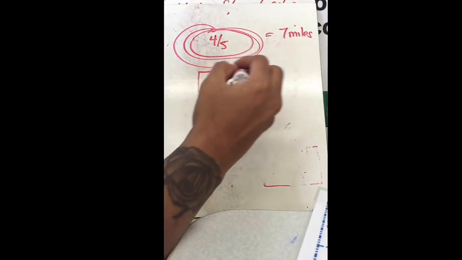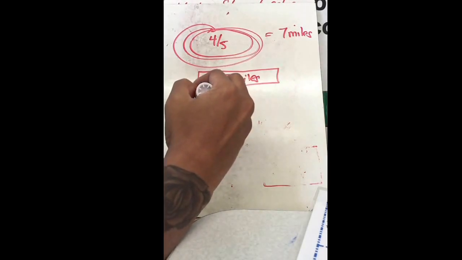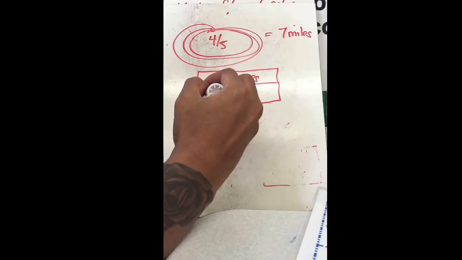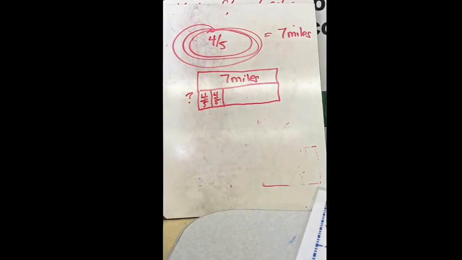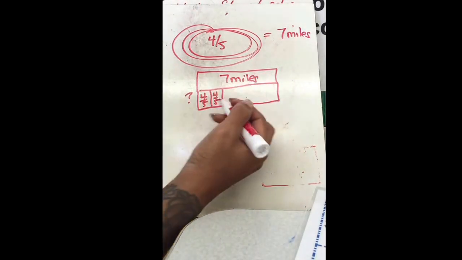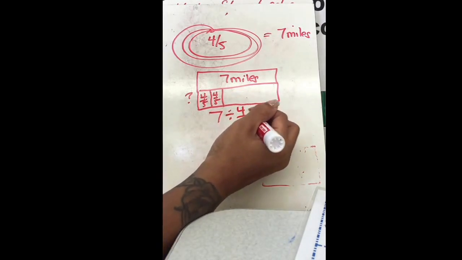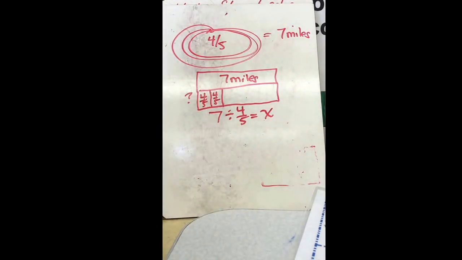So I'm really taking my 7 miles, which is my total, and I'm trying to figure out how many 4/5 I can break this up into. That's really my question. I'm chopping up. How many 4/5 are going to make 7 miles? That reminds me, if I'm taking something and I'm evenly sharing it out, they're all going to be 4/5. That's a division problem. So I'm really doing 7 divided by 4/5, and there's my unknown, there's my x. That's how I translate it out.